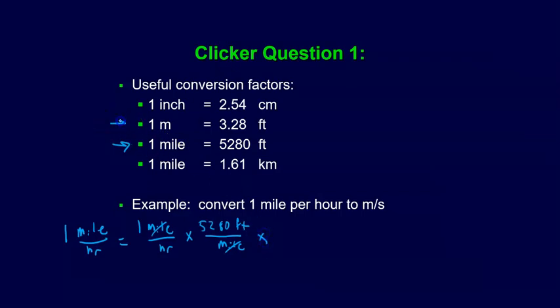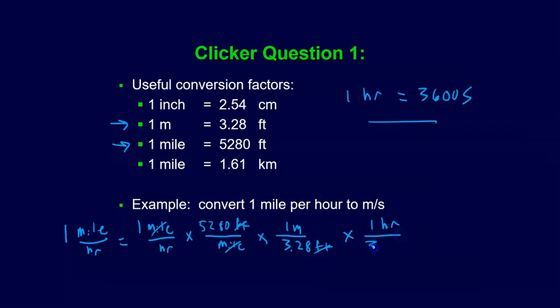And now we want to get to meters. And so for meters, I'll use this conversion here. And so 1 meter is 3.28 feet. Again, I want the feet on the denominator so it cancels out. So I'm getting closer. And finally, we use this one we just developed: 1 hour equals 3,600 seconds. We could go through minutes and seconds, but you can save yourself a step here. I want hours on the denominator, so I want it to be up top.